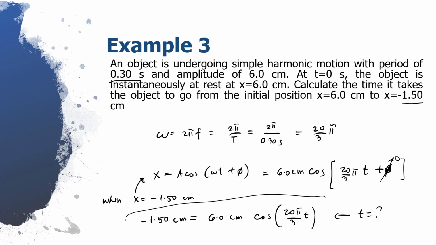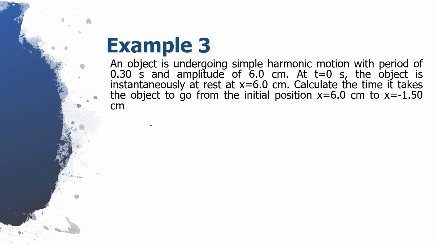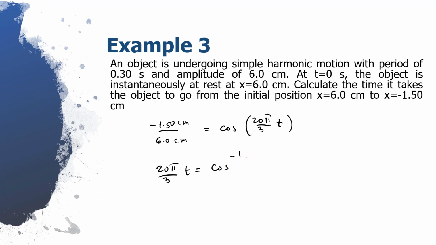So from here we can solve for time t. Negative 1.5 centimeters over 6.0 centimeters equals cosine of 20 pi over 3 times t. So therefore, 20 pi over 3 times t is equal to cosine inverse of minus 1.50 over 6.0.